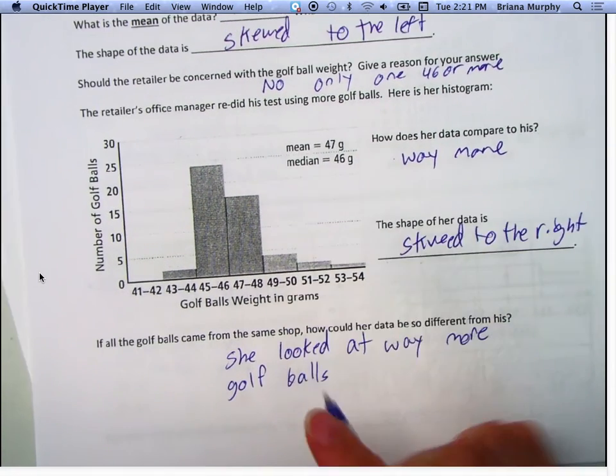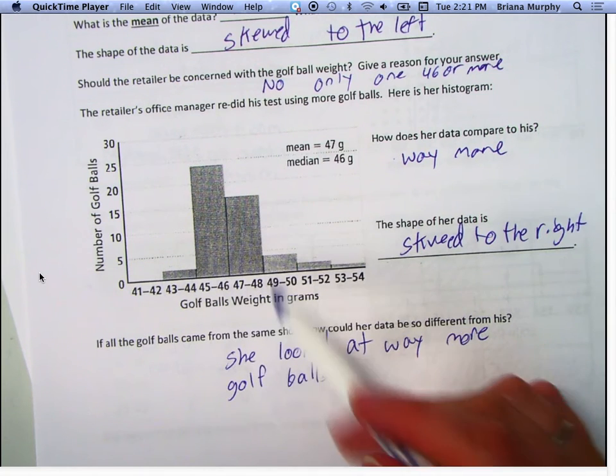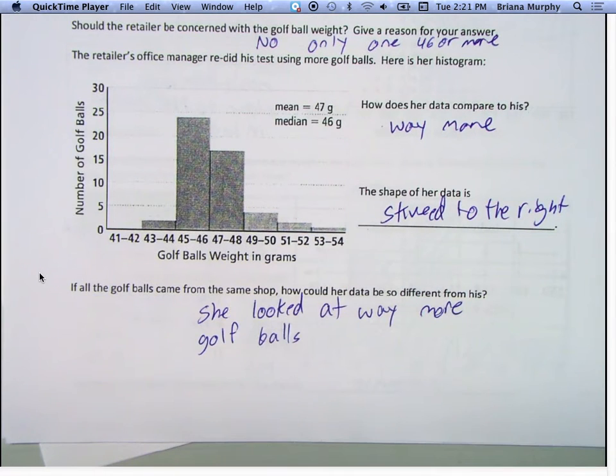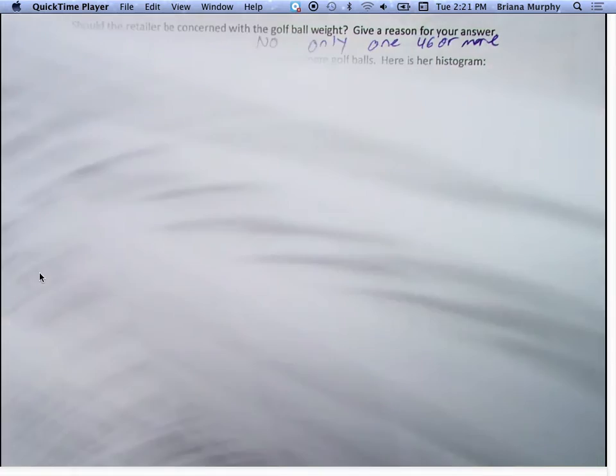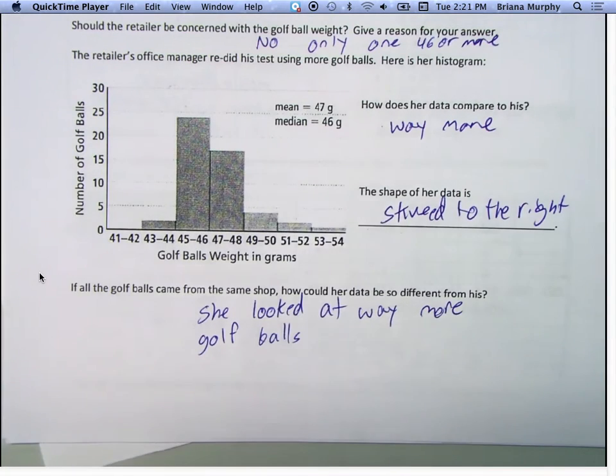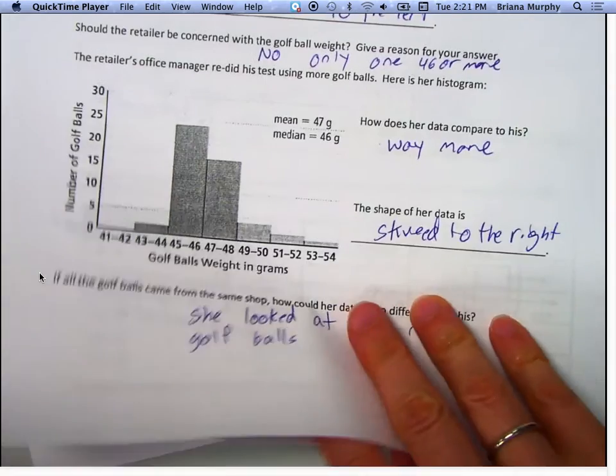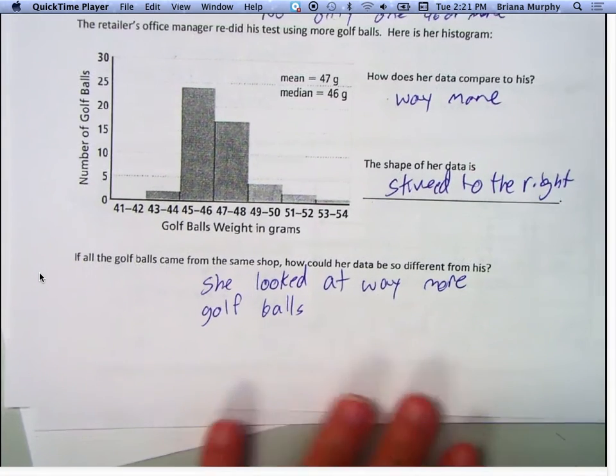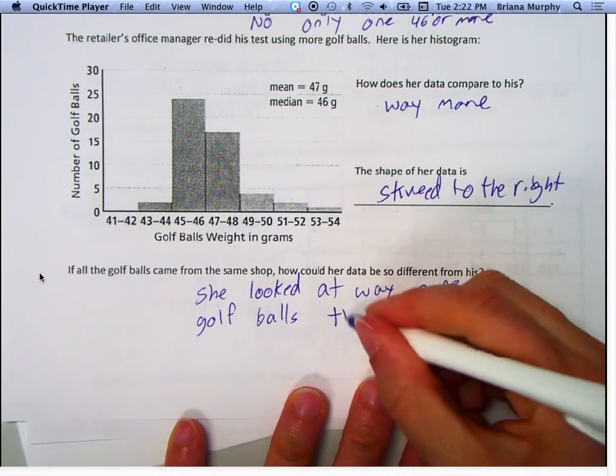So I just think the more golf balls you look at, the more accurate a shape of data you're gonna have. Okay, let's look at... She looked at way more golf balls. The more data you look at, the more accurate you have.